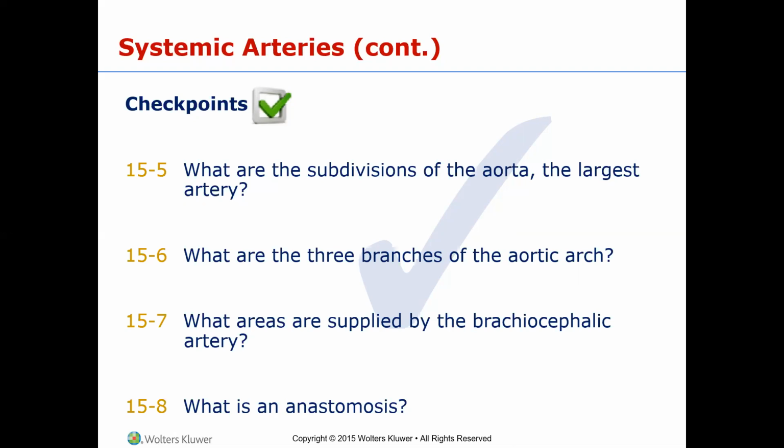And then the 3 branches of the aortic arch, we have gone over that: the brachiocephalic, the right common carotid, the left common carotid, and then the subclavian, both right and left, and then an anastomosis. What areas are supplied by the brachiocephalic? And that would be the head and the neck area.